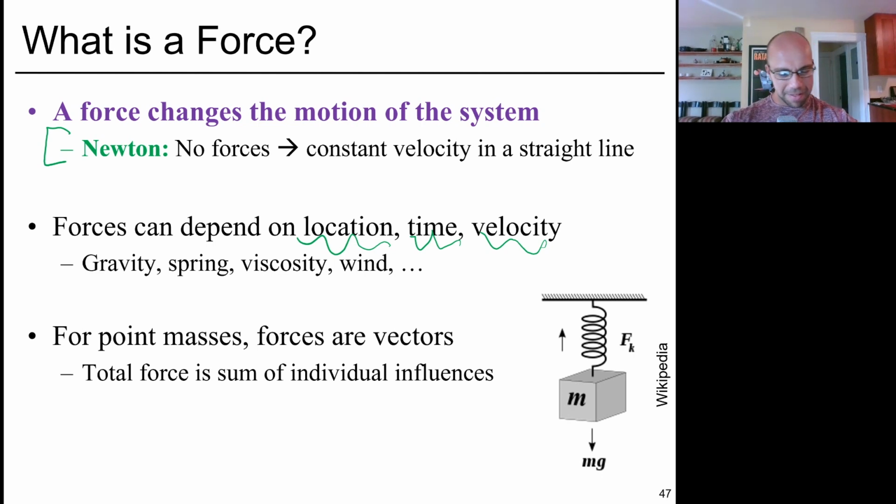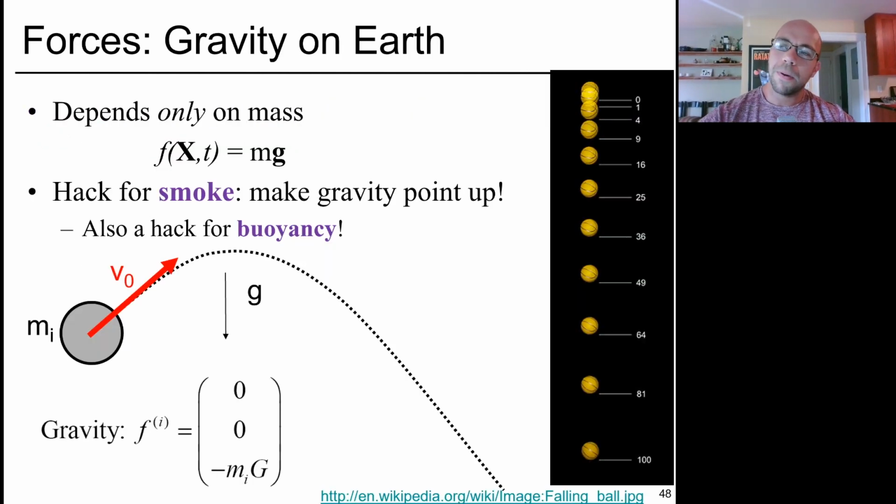So for point masses, we can think of forces like little vectors that are acting on your point. And thanks to Newton's third law, F equals ma, we just sum up all of the forces to get the total force on our particle. So for the next couple slides, let's talk about the types of forces that we want to model in a particle system. So probably the simplest force we might model is gravity.